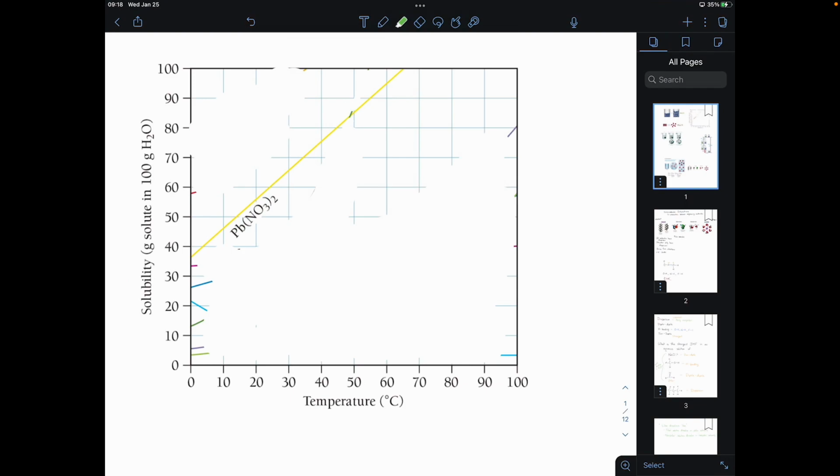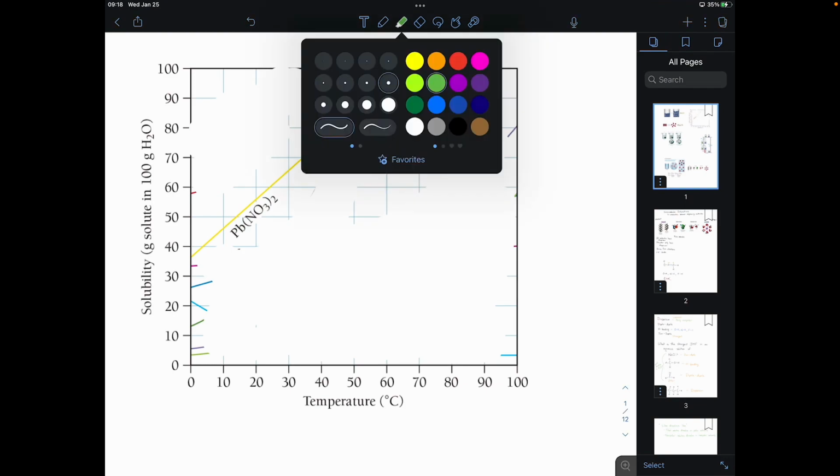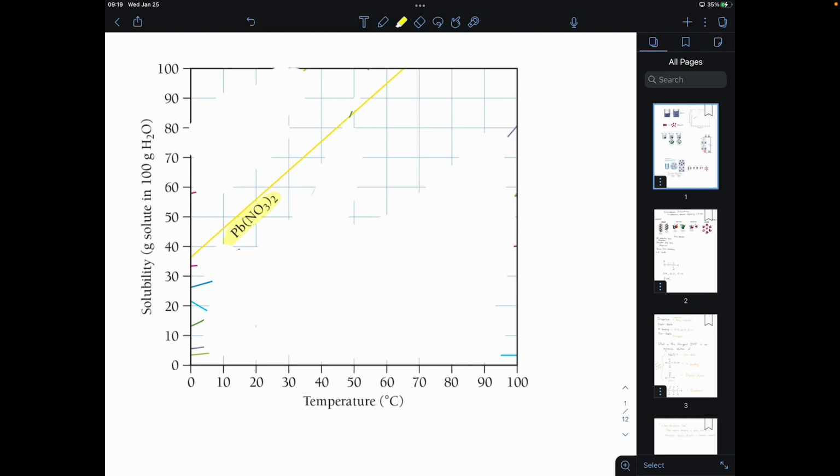And so what happens with the solubility of this compound as the temperature increases? Goes up. Right? So as we increase the temperature, we can start to dissolve more and more of this particular compound in 100 grams of water. Each one of these curves just represents a different compound. Again, this yellow curve represents what's called lead 2 nitrate.